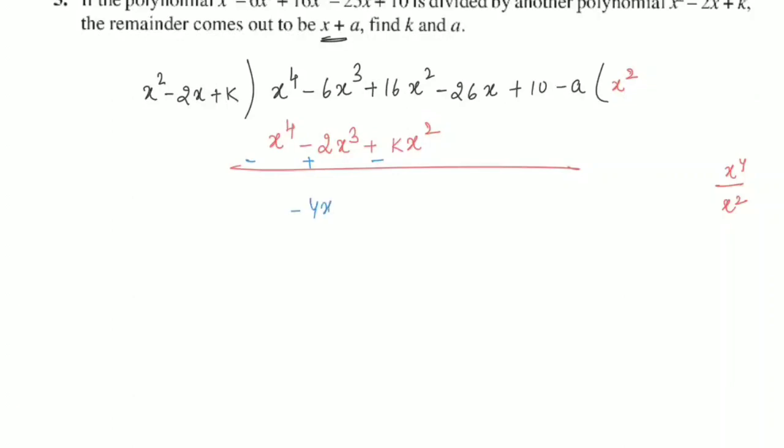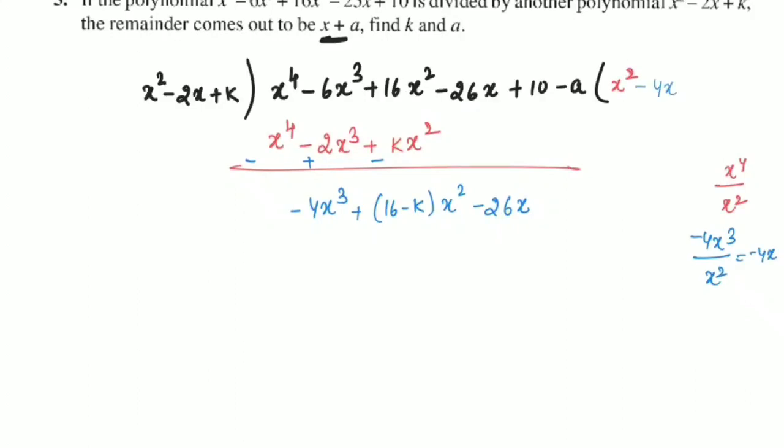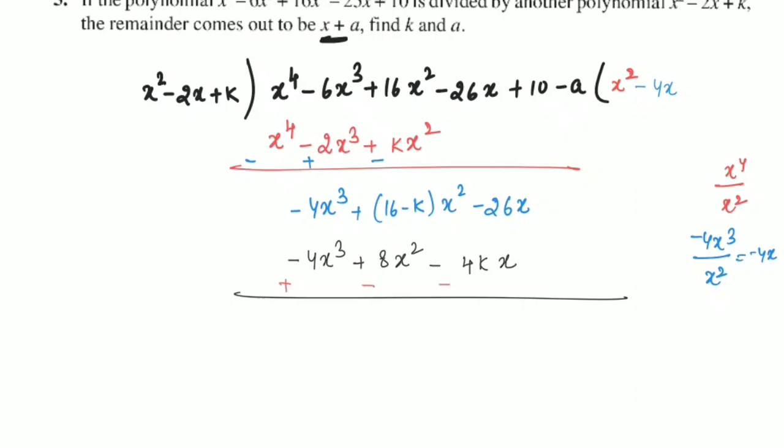It will be minus 4x cube plus 16 minus k into x square minus 26x. Minus 4x cube divided by x square gives minus 4x. Multiply it with minus 4x. You will be getting minus 4x cube, minus into minus plus, therefore plus 8 into x square minus 4kx. Change the sign, plus, minus, plus.